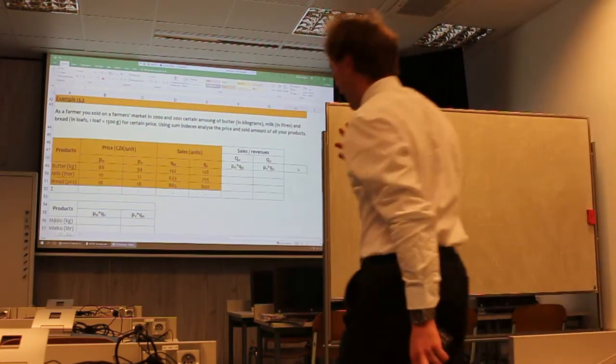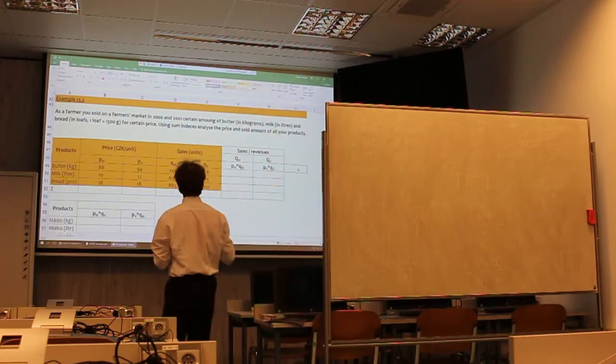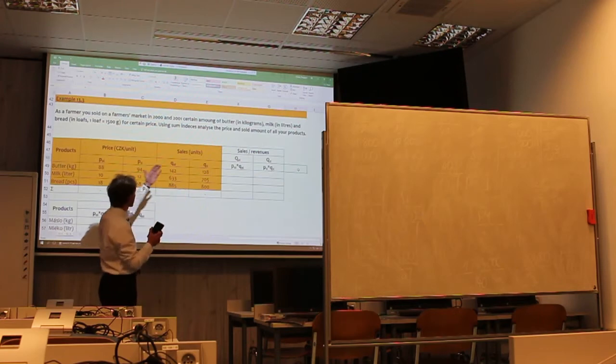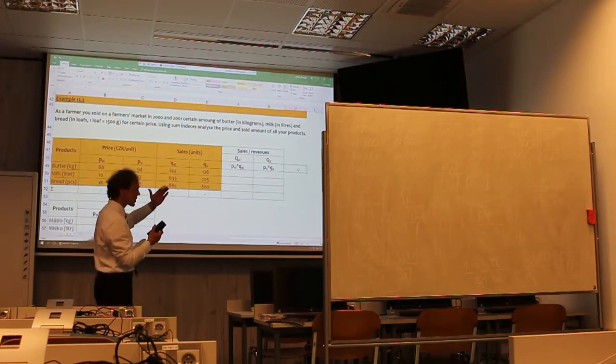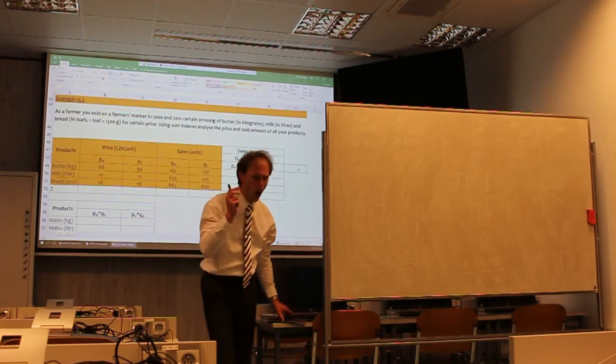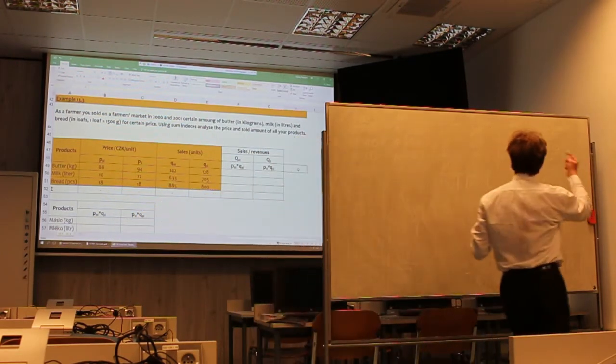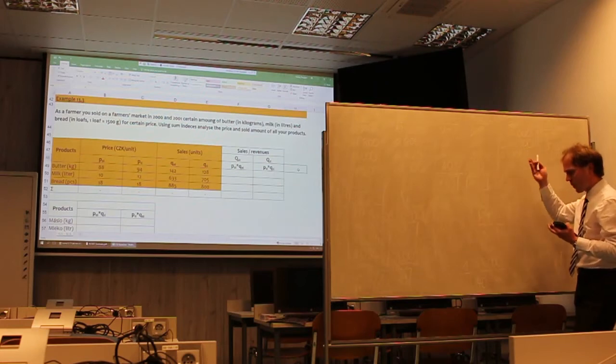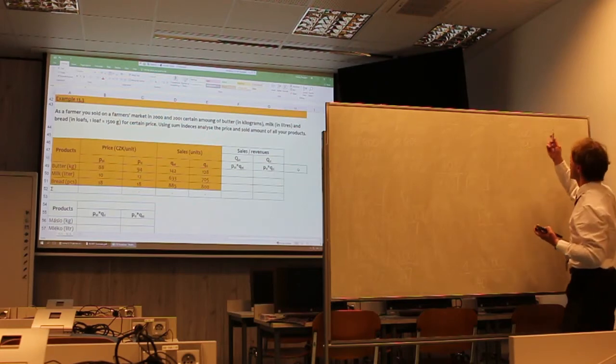So we are selling on the market 3 different products in different measurement units, in year 2000 and 2001. So this situation is similar to the previous example.